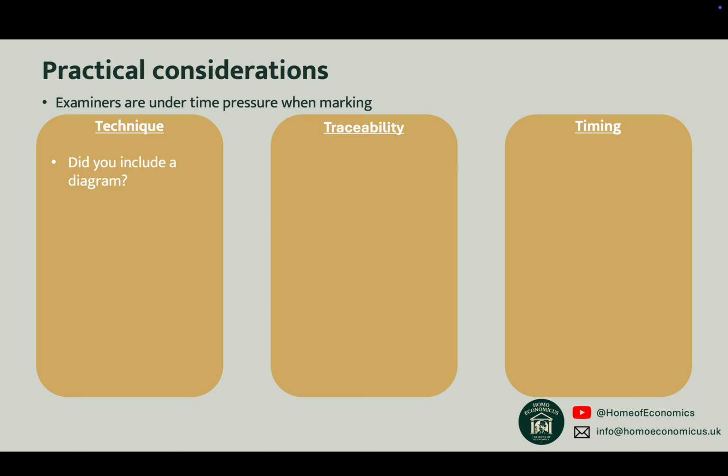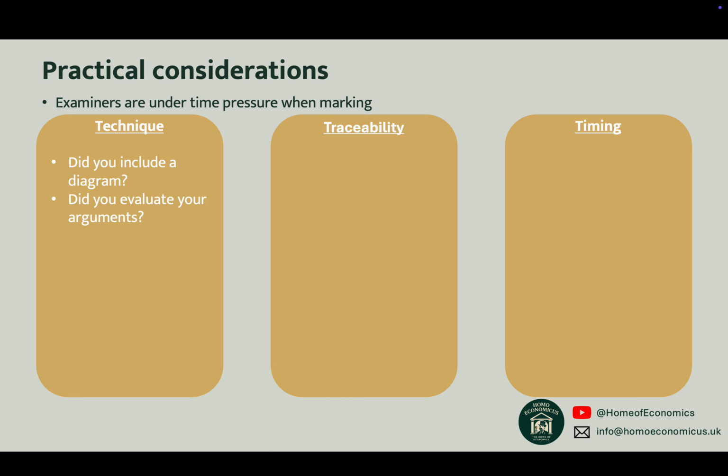These are very easy checks that you could do, if you remember your response to the questions. If you haven't included a diagram and you think you should have gotten a 25 out of 25, well, it's quite unlikely, right? Because a lot of these A-level essays do require diagrams. Did you evaluate your arguments?